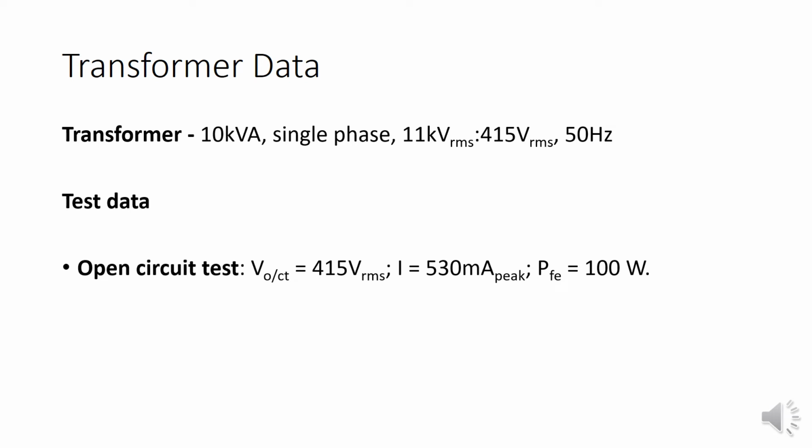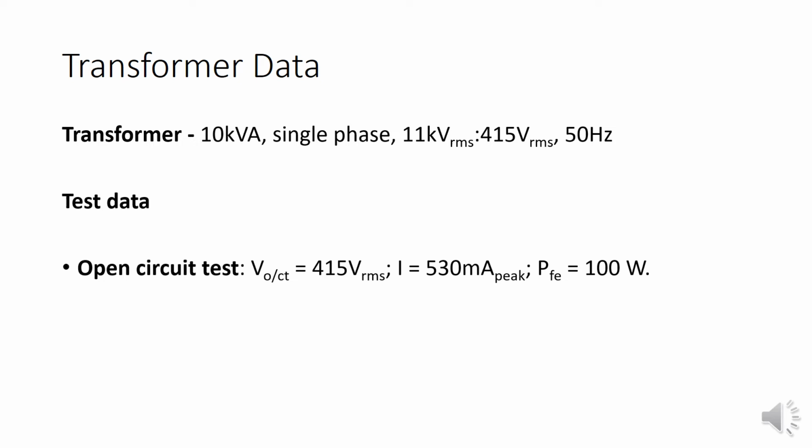This is the open circuit test. As I have explained during the tutorial, please refer to the tutorial before doing this lab, right? In the open circuit test, you are going to open circuit the output side, which means the secondary side. Then you take the measurements.